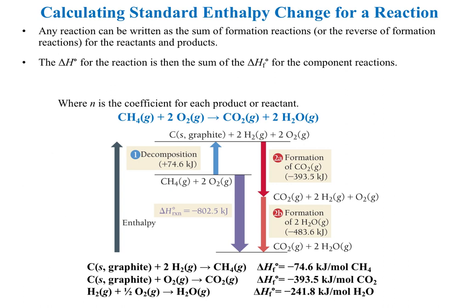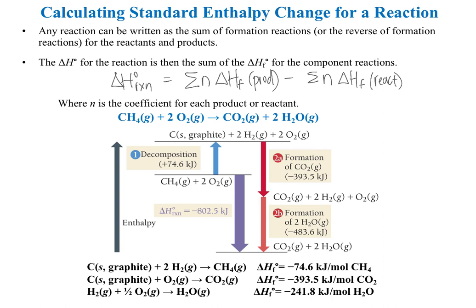Since our delta H of a reaction, change in anything, is final minus initial, and since our final is our products, we'll take the sum of all of our products multiplied by their coefficients in front of the chemical reaction times their delta H formations. That will be for our products, minus the sum of the coefficients in front of our reactants times the delta H of formation of our reactants.